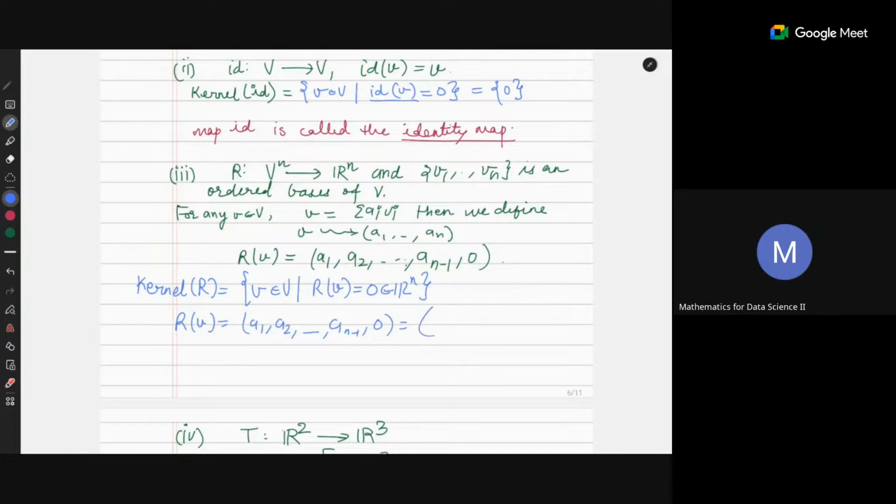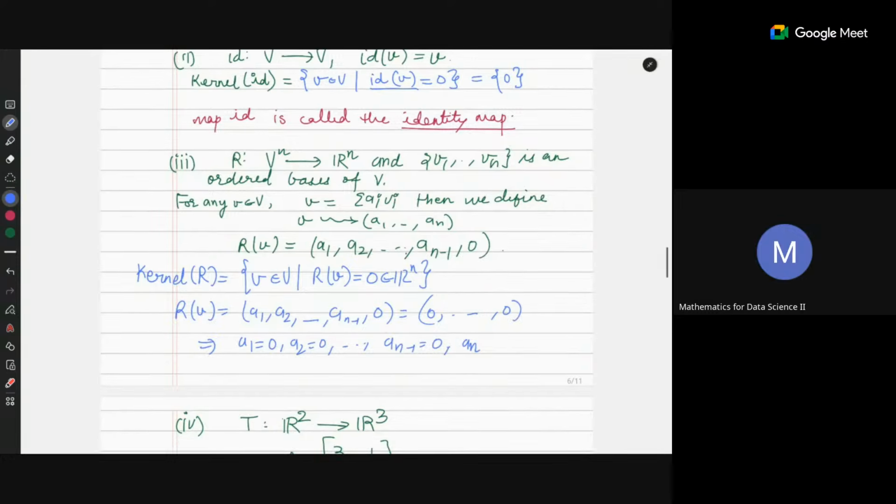And the 0 vector in Rn is 0, 0, 0, n many times. Now you compare the coordinates. A1 must be 0, A2 must be 0, up to An minus 1, all have to be 0. But An can be anything. There is no condition on it.